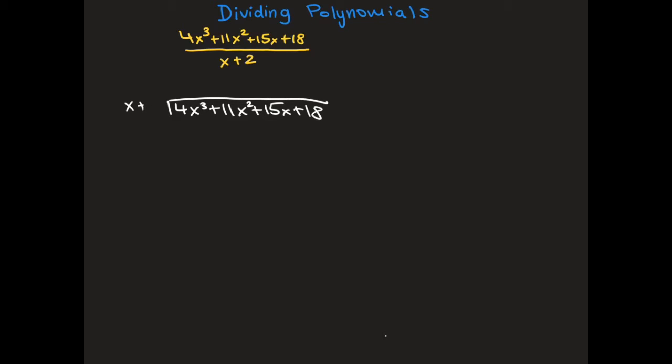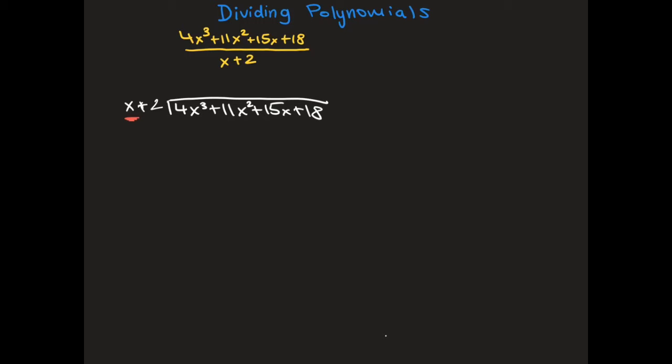Now we'll just take this first number, 4x cubed, okay? And when you're doing this, you want to take only your first number, that would be x. So we're going to try and find a way to get from x to 4x cubed.